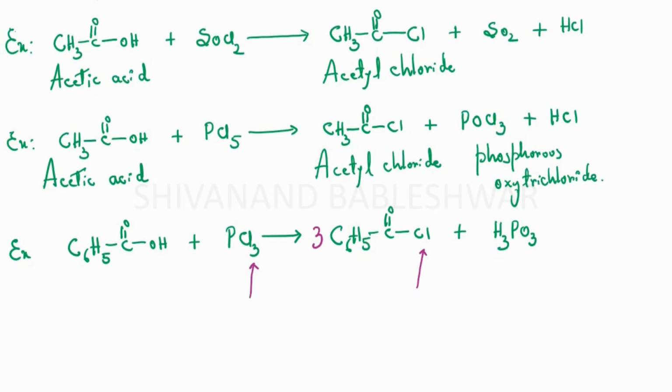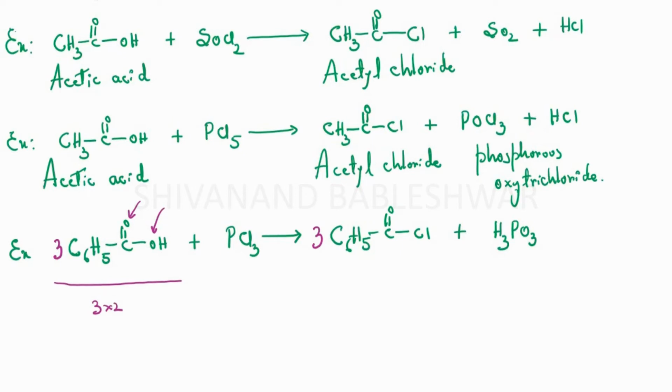So therefore we have to write 3 times here, and by writing 3 times, the aromatic group should also be balanced. So I'll be writing 3 times here. But in the reactant benzoic acid there are 2 oxygens, so 3 into 2 becomes 6 times.